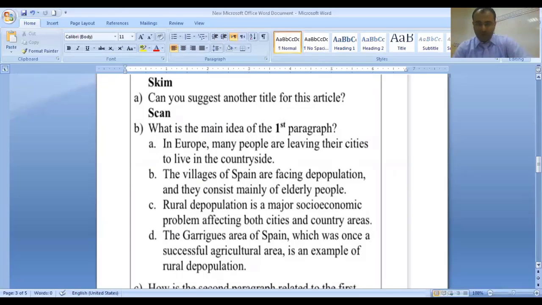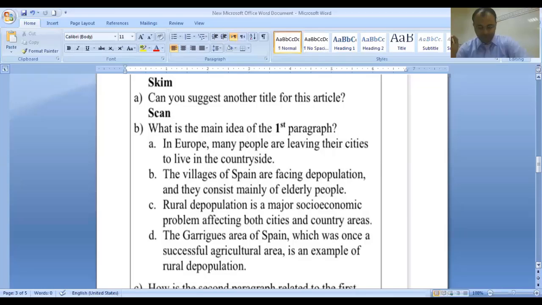For people who don't have their student books with them right now, I will read for them. Just listen carefully. When a large number of people move from their homes in country areas to find better paid jobs in towns and cities, the villages and farms they once lived in are often left vacant.